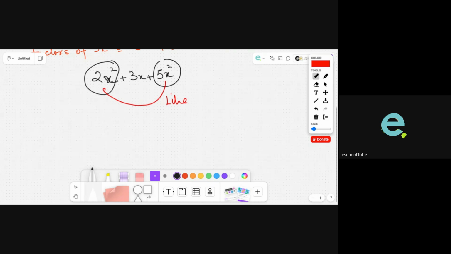So you can add or subtract only like terms. हम यहाँ लिख सकते हैं, we can add or subtract only like terms.